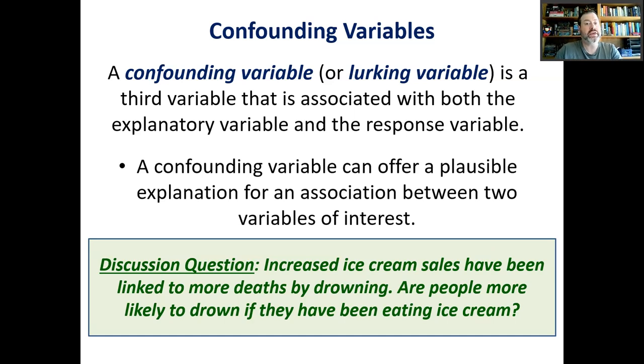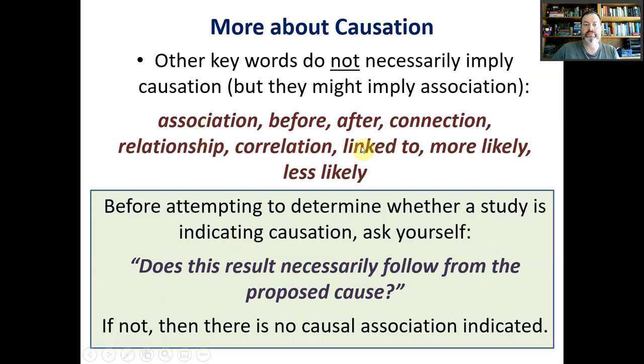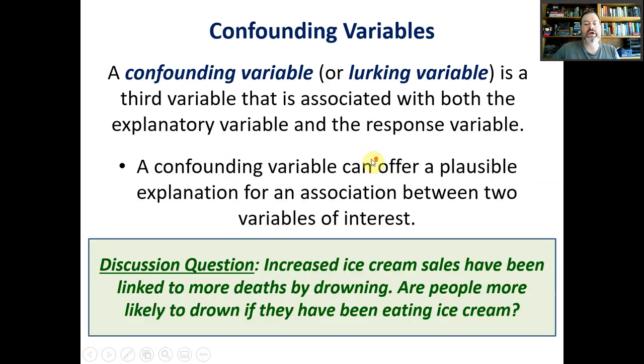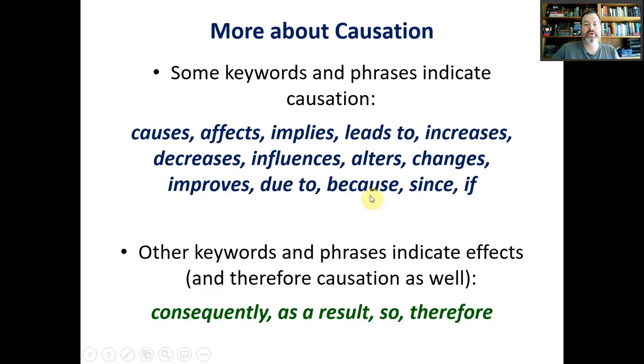So if you're just looking at the keywords, linked to is an association keyword, right? Right here, this is just an association. And the other keyword here is if, right? If is a causation keyword.